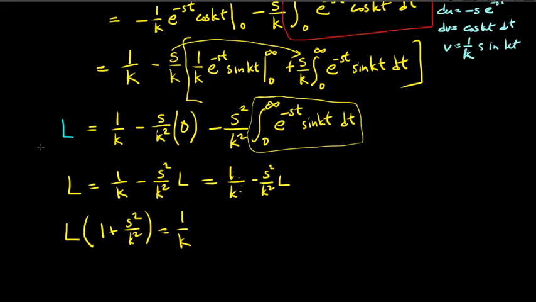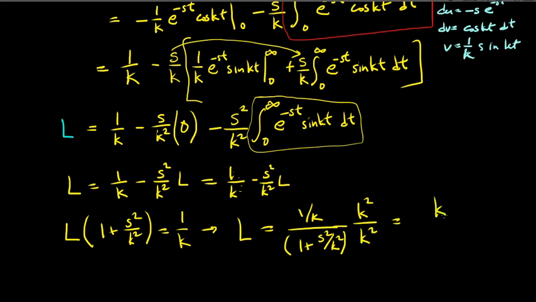All right. Anyways, now we have to divide. So L is going to be 1 over k divided by 1 plus s squared over k squared. To get rid of the compound fractions, just multiply by k squared over k squared. And you end up with k over k squared plus s squared.